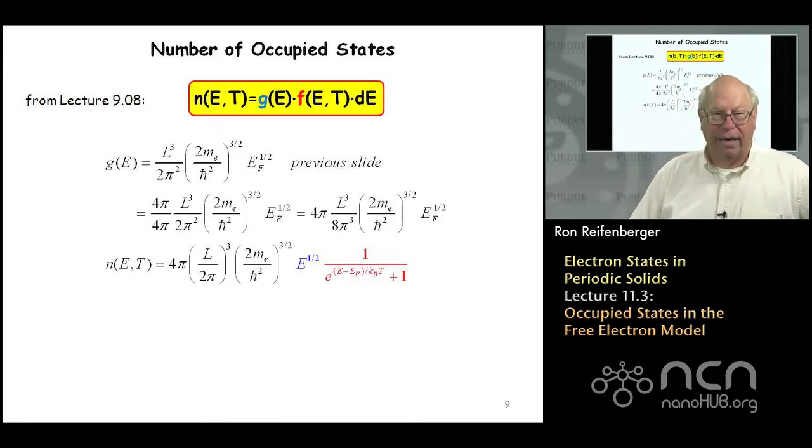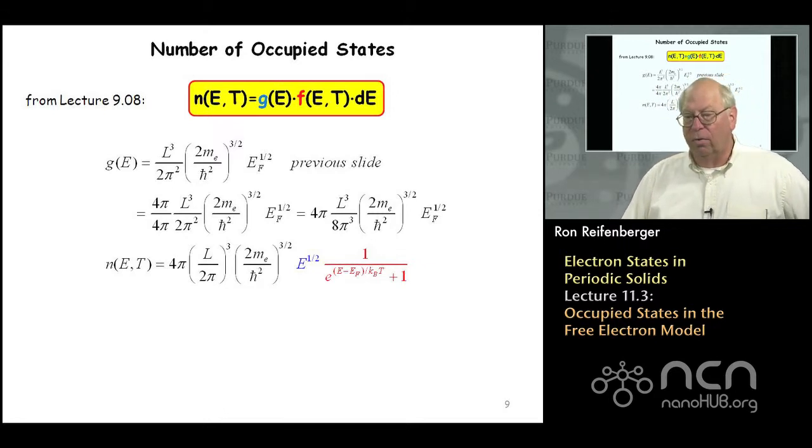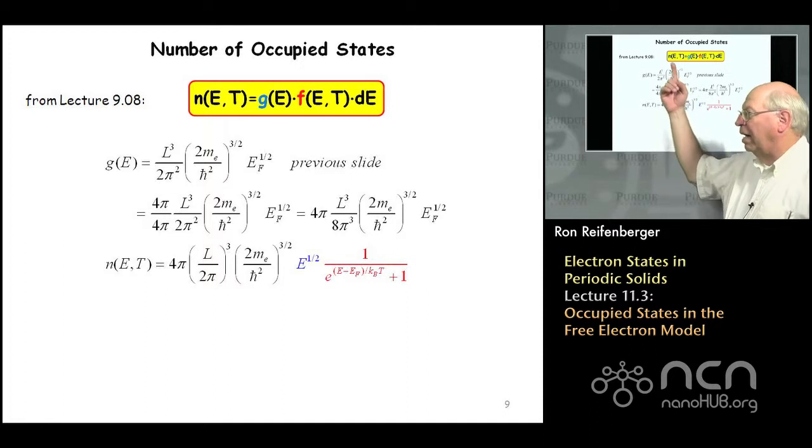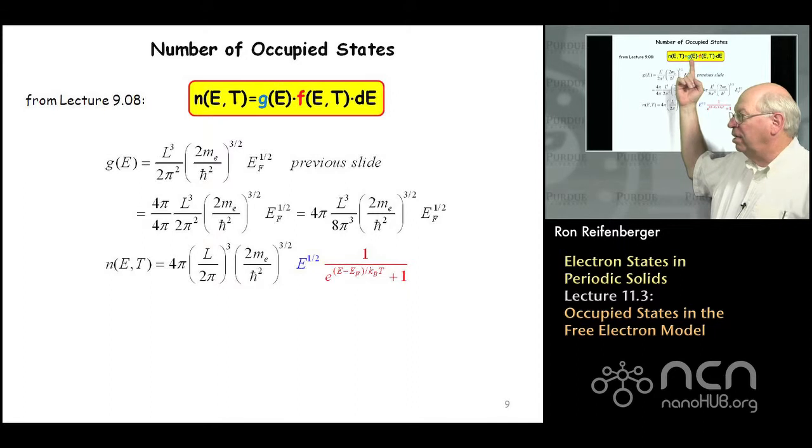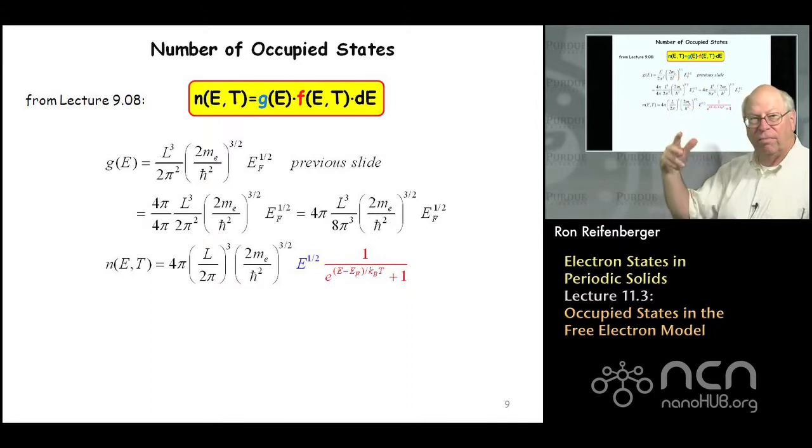have to refer you back to a previous lecture where, after a lot of work, we finally came to the result that the number of occupied states as a function of temperature was equal to the product of the density of states as a function of energy. So this G of E is a function that depends on the individual system that you're considering.